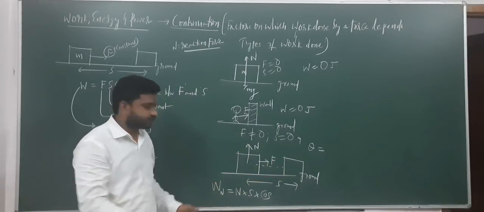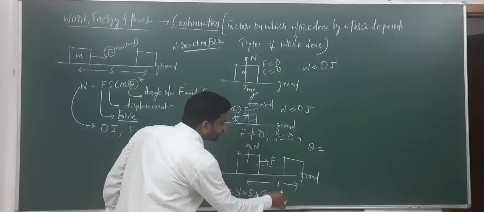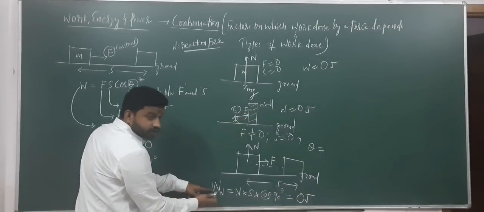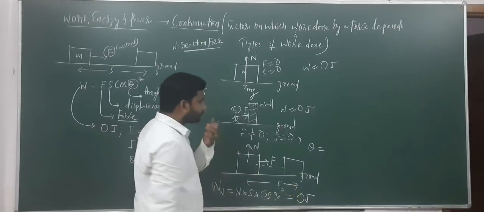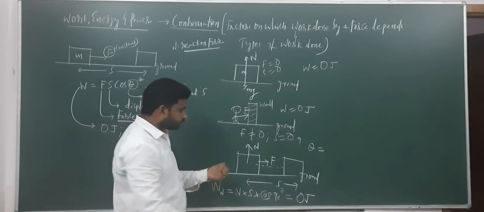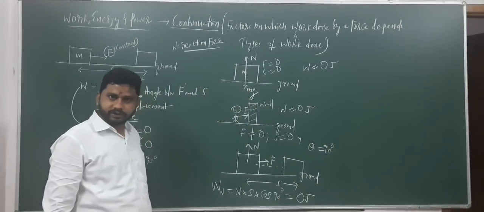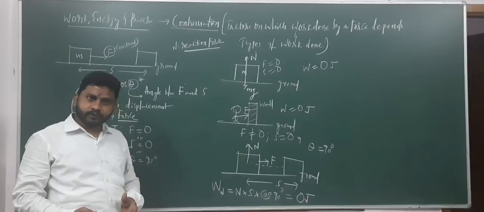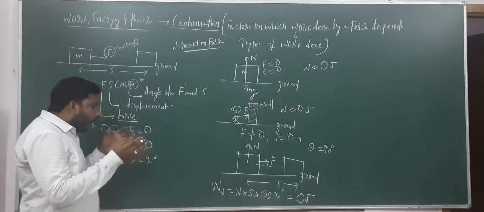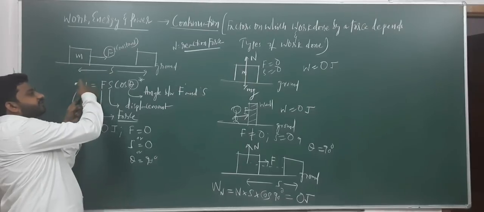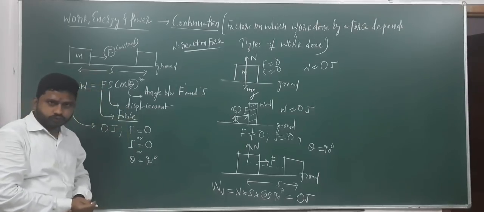The angle between them is how much? So it's cos 90 degrees, and cos 90 is how much? 0. So finally, work done by the normal reaction force is 0. Got it? It's just because theta is 90 degrees. You understand the concept? Really? This is the concept. What factors affect the work done by the force? One more thing.